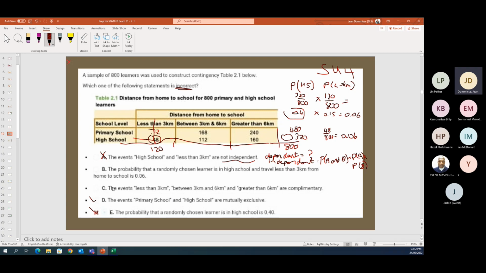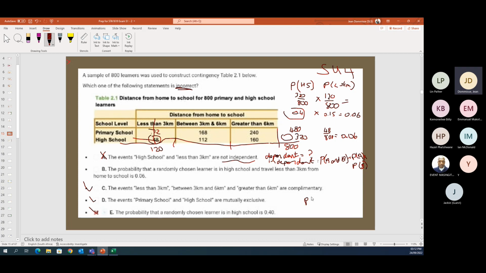So we might have now answered that one. Events less than 3 kilometers, between 3 and 6, and greater than 6 are complementary. Yes, it is. Remember, what we've normally done is just one complementary.